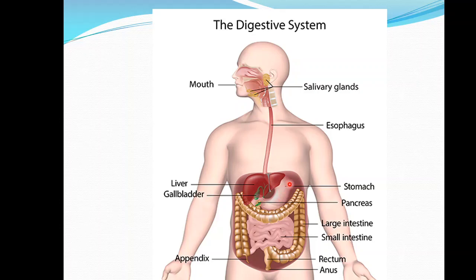From the stomach it goes into the small intestines, where the nutrients are absorbed by the blood. The blood then sends the nutrients to the cells of the body, and some to the liver.